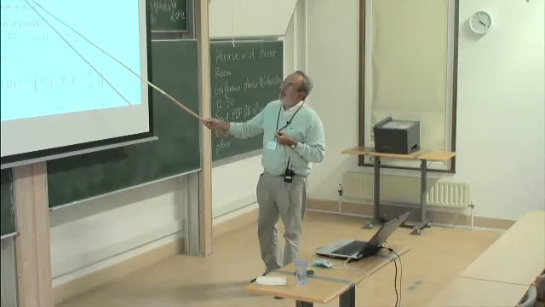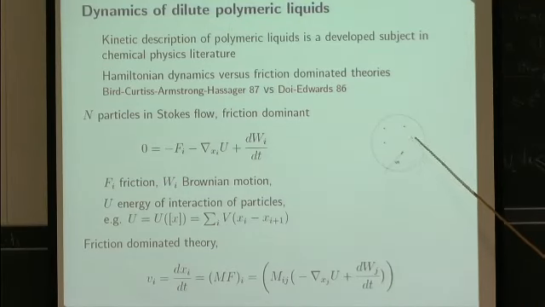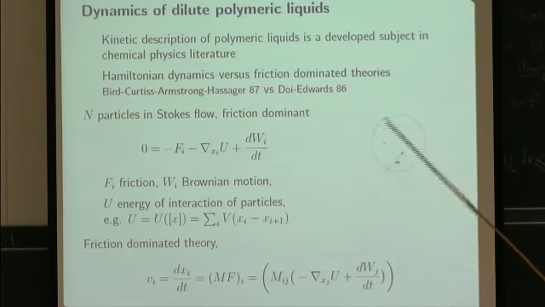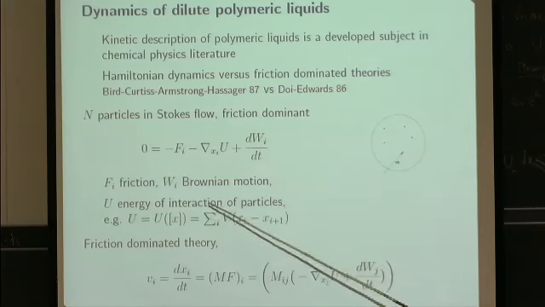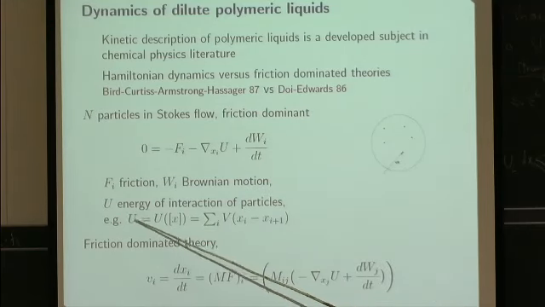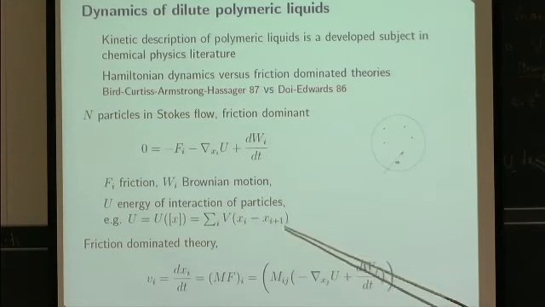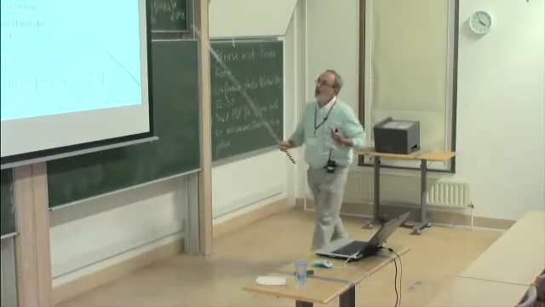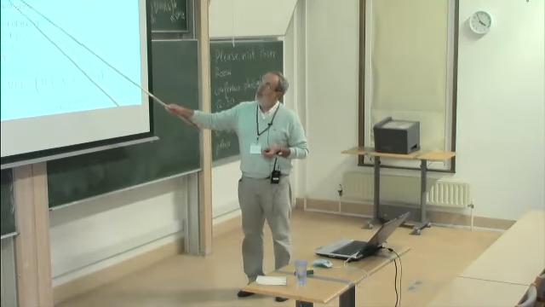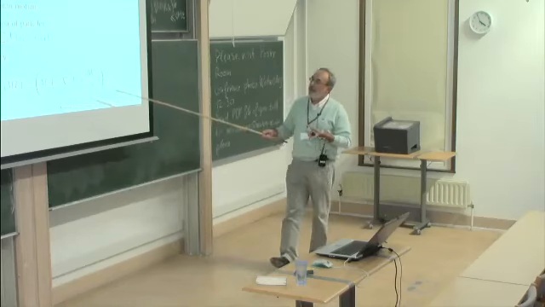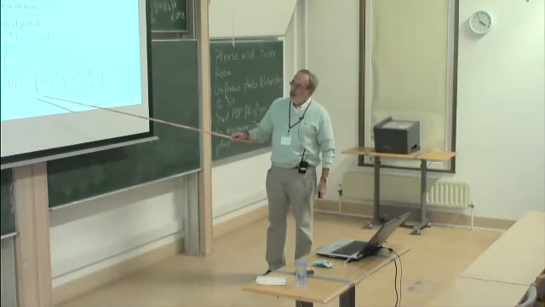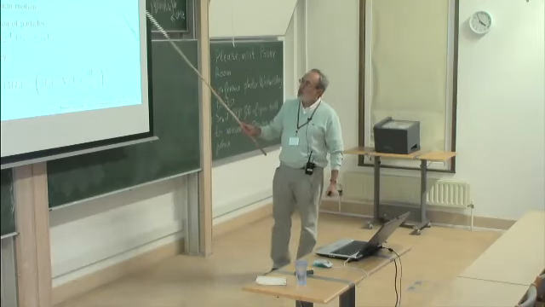This term here would be, let's say, interactions between the particles. It would model interactions. For instance, you could think that you have certain structure between the particles, and you can introduce some kind of potential, like I did before. And then there would be Brownian motion in general. And somehow the issue would be to calculate what is the friction, and there are theories that do that, that you can find in these books.